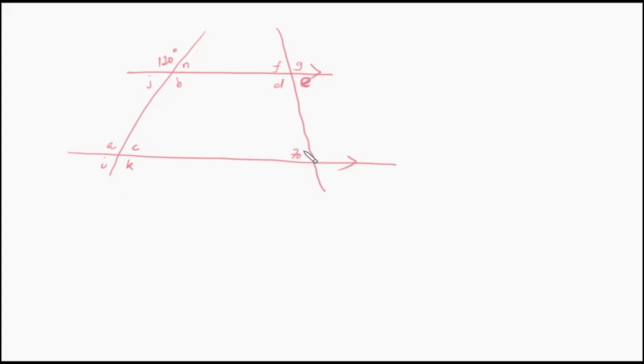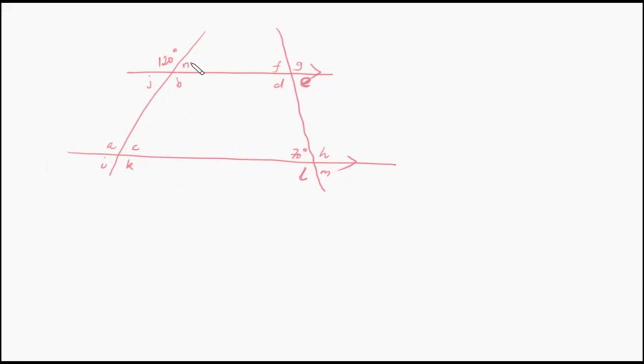Let's say we have 70 degrees here, and then we have H, we have M, and let's say we have L here. Now, let's say the question here is: find the size of the lettered angles. Give reasons.